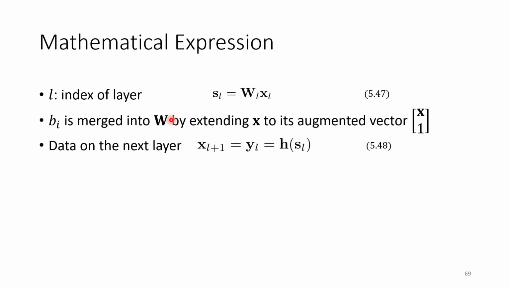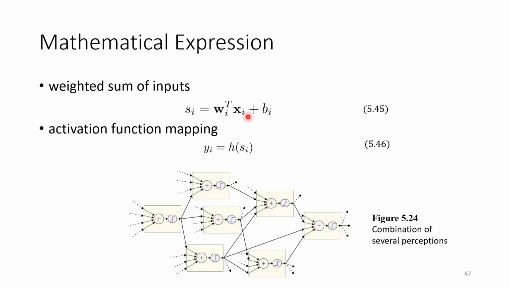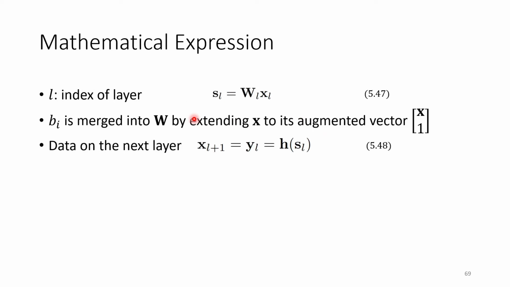Okay, so here this is the expression for a single perceptron. But if we have multiple perceptrons, how do we express it? It's just like this.